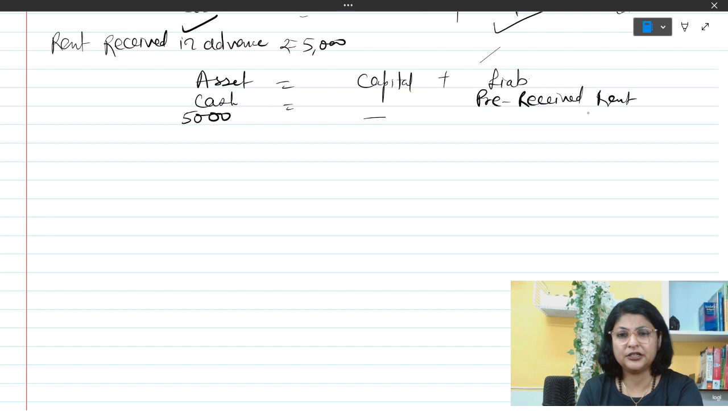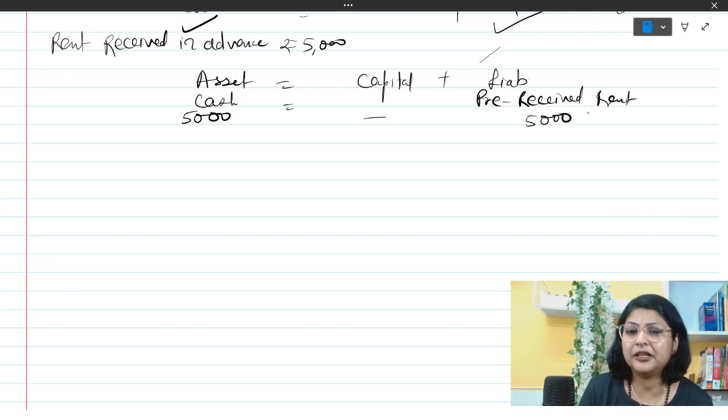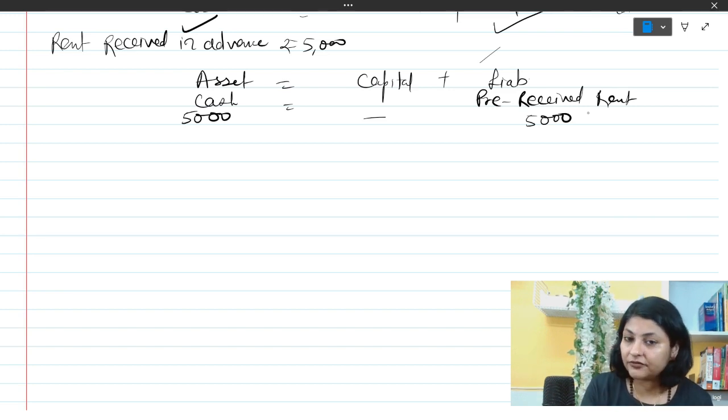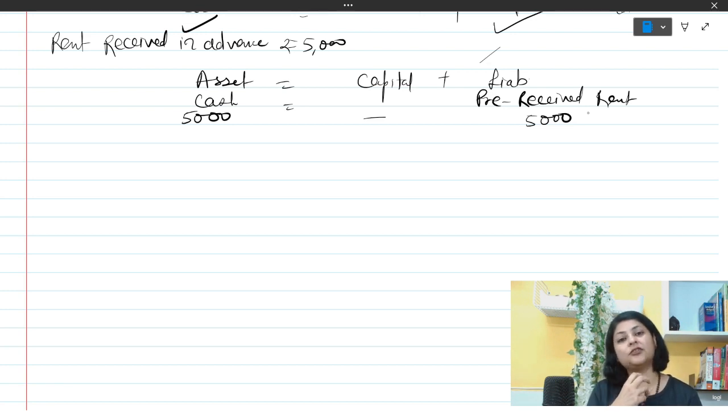Pre-received rent 5,000. So your capital will remain unaffected, but you are generating a new liability. The simple reason is that you have not yet rendered the service and you have received something in advance. So the nature of this income will become liability.